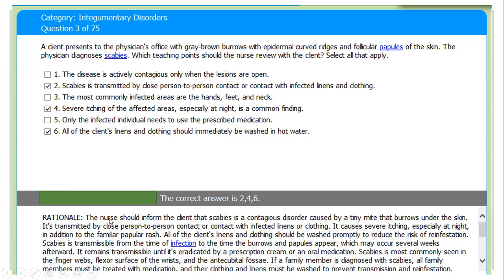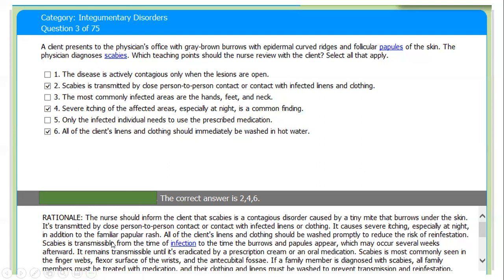Rationale: the nurse should inform the client that scabies is a contagious disorder caused by a tiny mite that is under the skin, and it is transmitted by close person-to-person contact or contact with an infected person's clothing. It causes severe itching, especially at night.